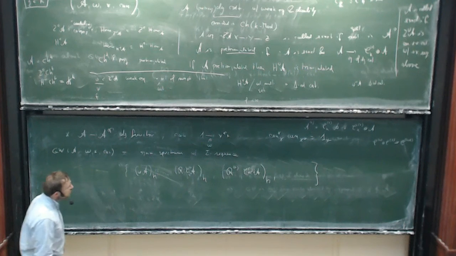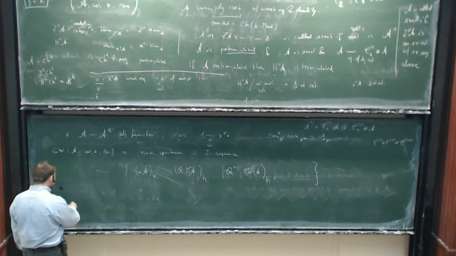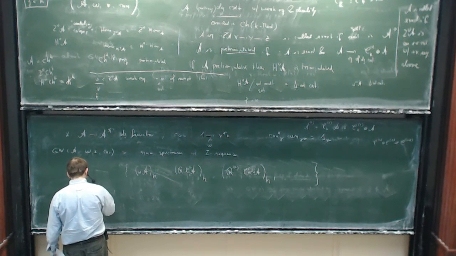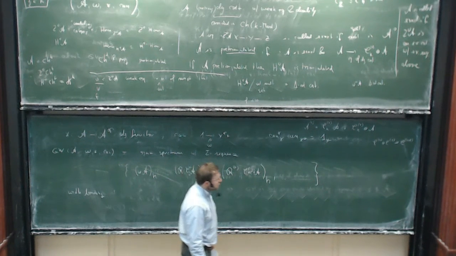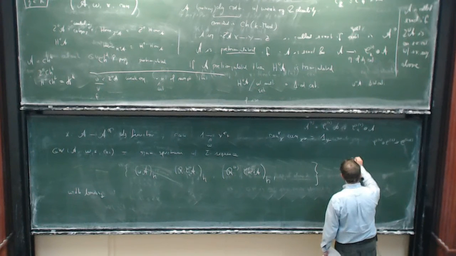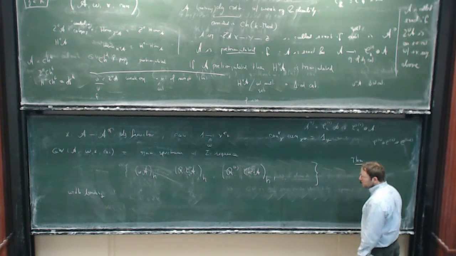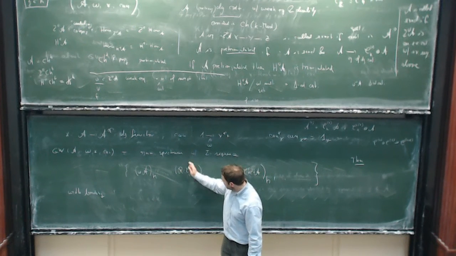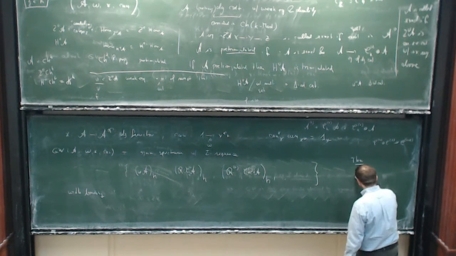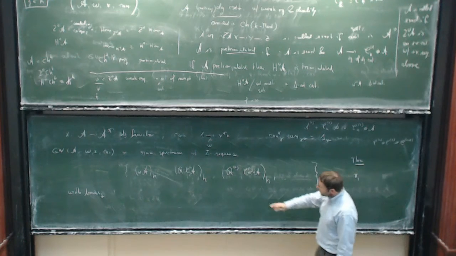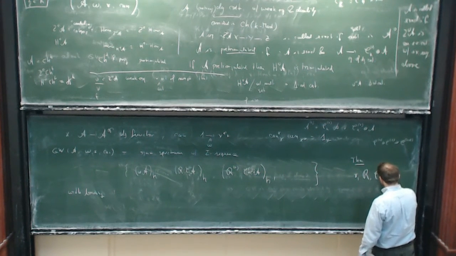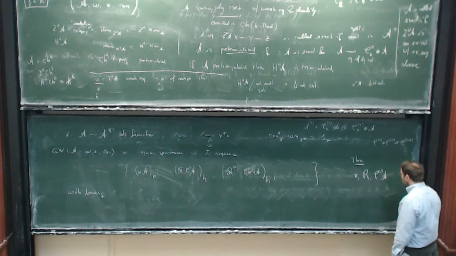And so I need to tell you the bonding map. To construct it, I need a theorem that I prove, which is that pi 1 of the first space is isomorphic to the Grothendieck-Witt group.